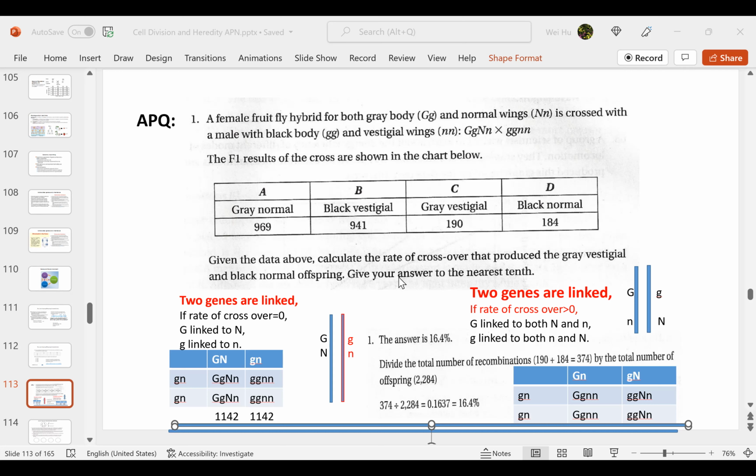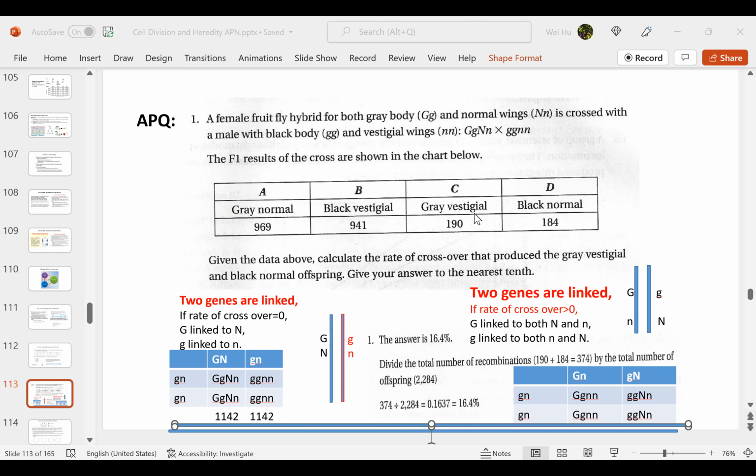Easy, okay? So which one you think is without crossover? So A and B are without crossover, correct? So these 2 categories are not crossover results. C and D are crossover results. Okay?